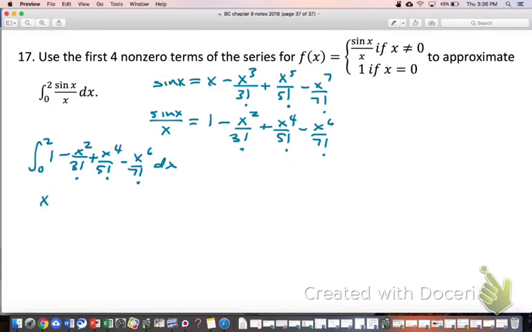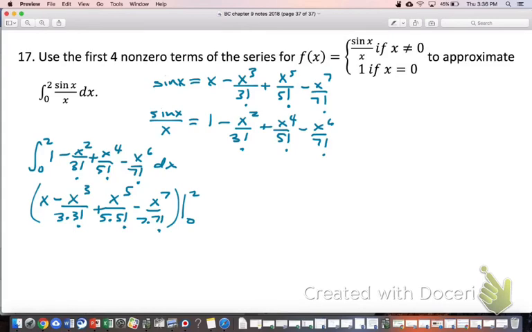That would be x minus x cubed over 3 times 3 factorial plus x to the 5th over 5 times 5 factorial minus x to the 7th over 7 times 7 factorial, and that whole expression is going to be evaluated from 0 to 2.